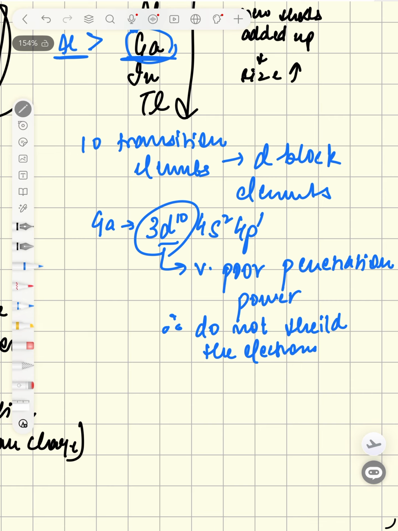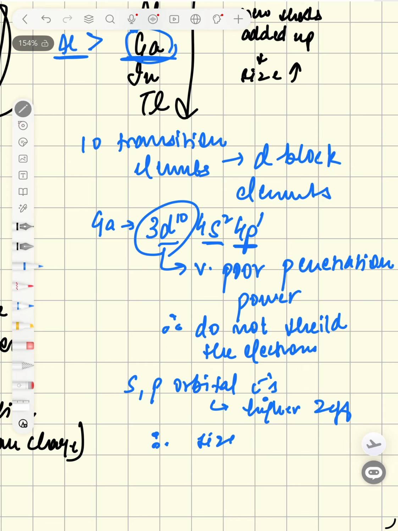Therefore, they do not shield the electrons, as a result of which the electrons of the s and the p orbital experience slightly higher effective nuclear charge of the nucleus. Therefore gallium's size decreases. This is for gallium, right?